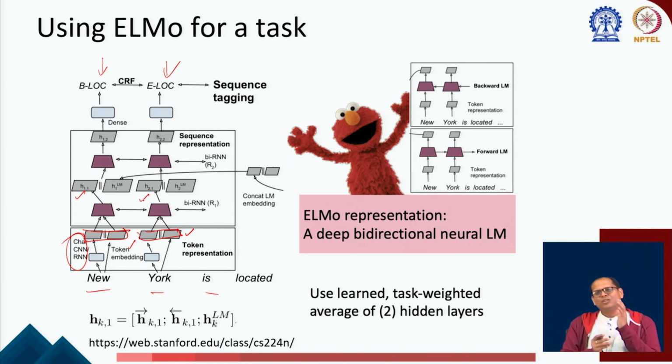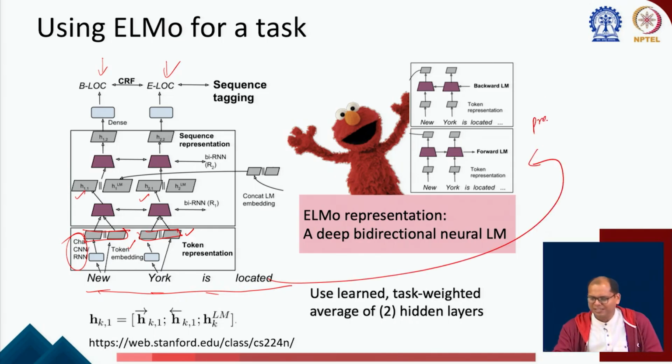Now where exactly are you using ELMo? So you say, okay, now this same sentence I can pass through this pre-trained model. So this is a pre-trained model where I know all the parameters. See here, I don't know the parameters for this RNN, right. So I am training these parameters, but these parameters I already know. So I can pass it through this, and because I know all the parameters, I'll get these representations, the hidden layers and whatever, all the layers.